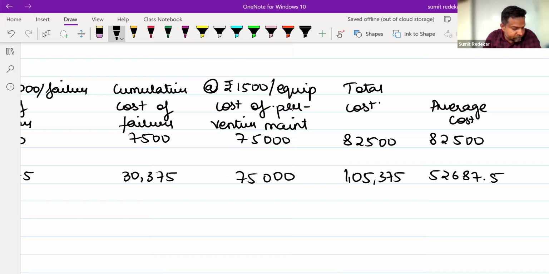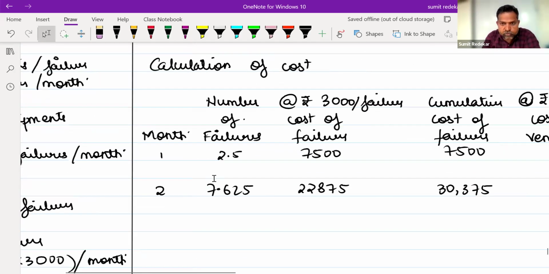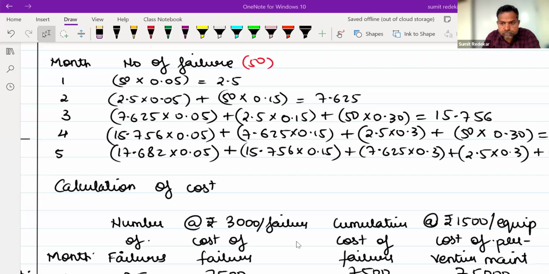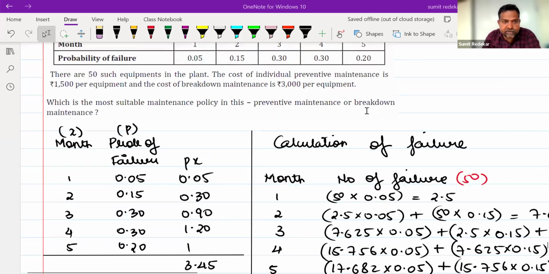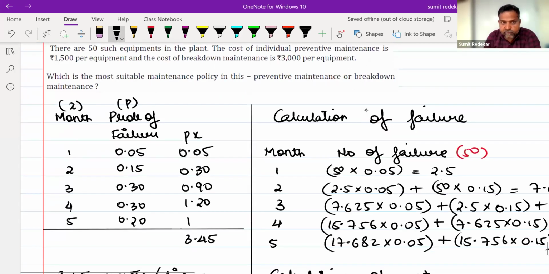Their answer is very different. I have not taken any cost wrong, right? 50 equipments, 2.5. Are we making a mistake anywhere? 75,000 is the preventive maintenance at 1500, right? If we do this preventive maintenance, servicing, it will cost 1500 rupees. For 50 equipments that is 75,000.